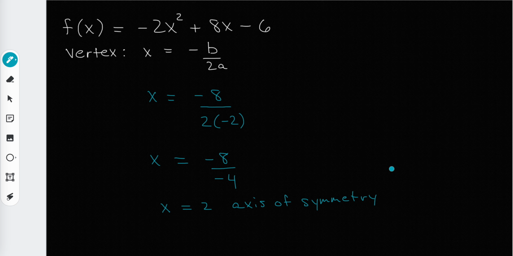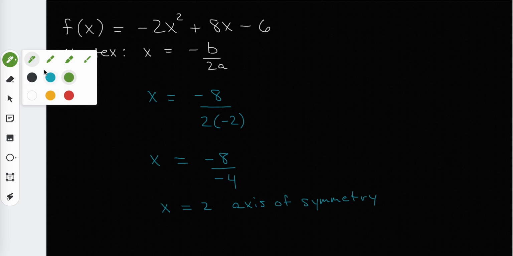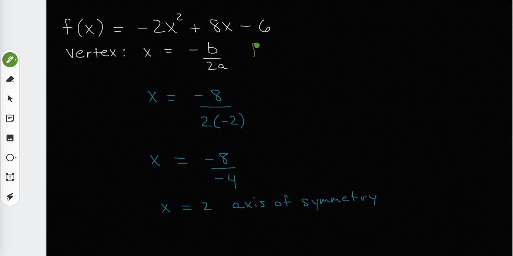Now to find the y value, we need to substitute the x value that we just found back into the function. So to do that, I need to find f of 2. I'm going to replace every variable x with a 2, and when I do that, I evaluate what I'm left with to find the y value.